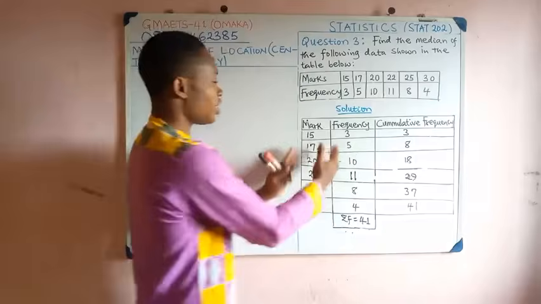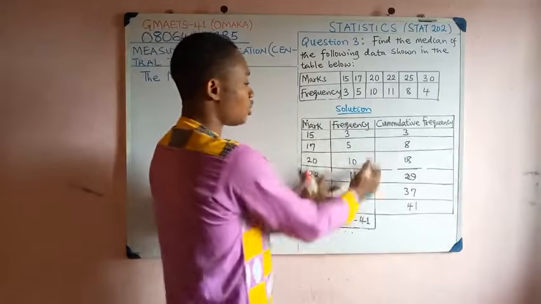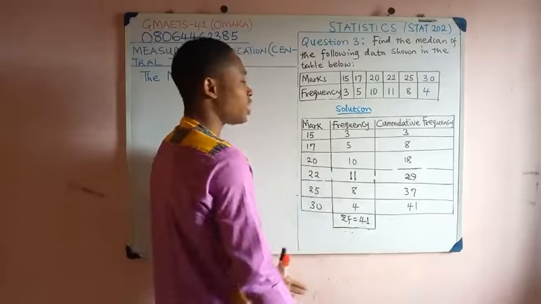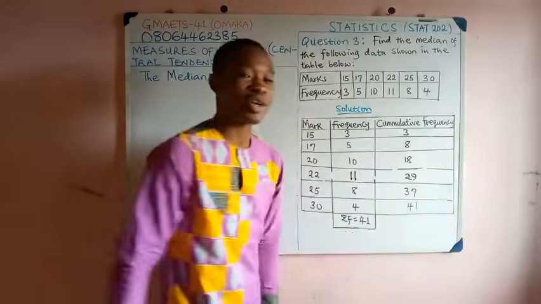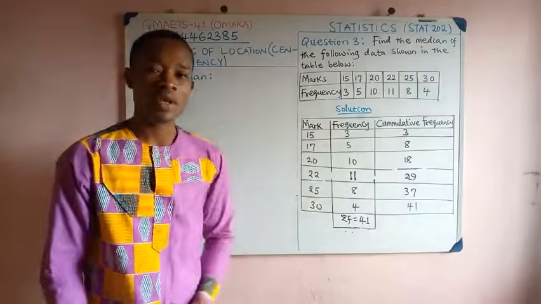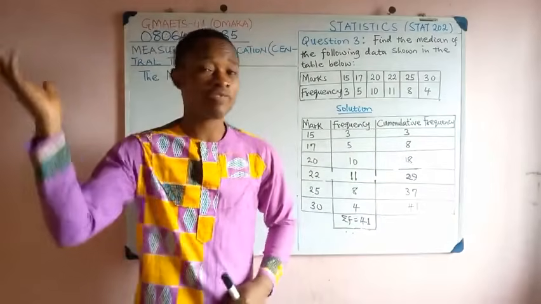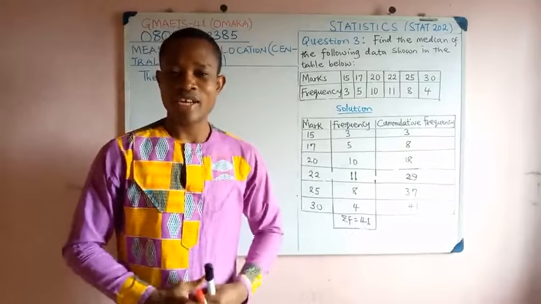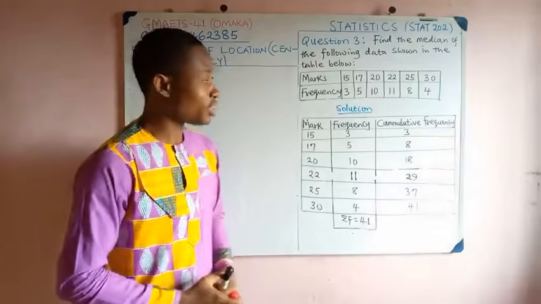Now you can see that I had to bring out the mark column, the frequency column. Of course, you need to sum the frequencies, you add up everything, and then we have the cumulative frequency column created. You obtain cumulative frequency from frequency by adding up the frequencies. In our previous videos, we've already treated that. We urge you to check that up in our video collections, okay?